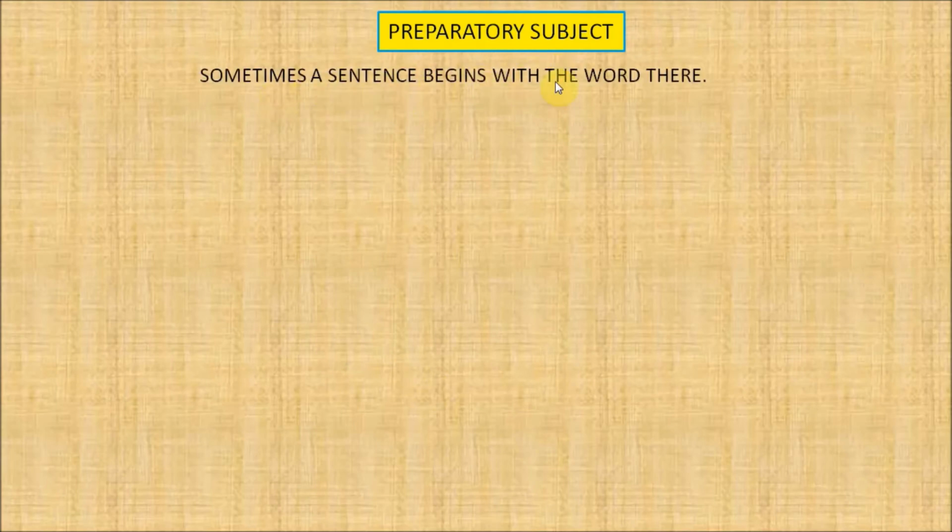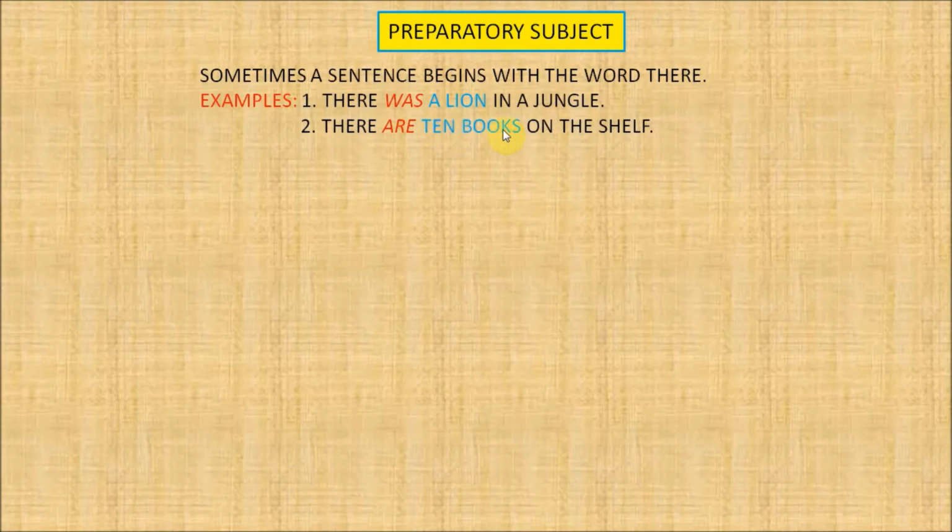Now let's look at preparatory subject. Sometimes a sentence begins with the word there. For example, there was a lion in a jungle. There are 10 books on the shelf. In example 1, a lion is the actual subject, and in example 2, 10 books is the actual subject.